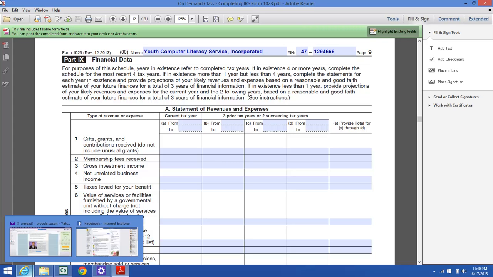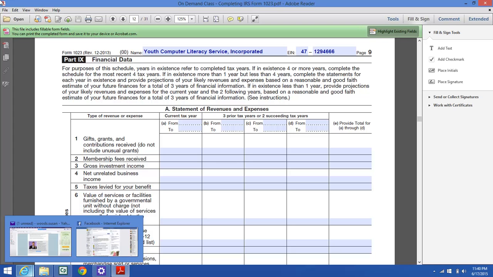So for the current tax year, we will put whatever month you are submitting this application as the from date. Let's say if you submit your application July of this year, you have from July 2015 to December 2015, and you would just project the amount of revenues that you will receive and the amount of expenses you will incur.